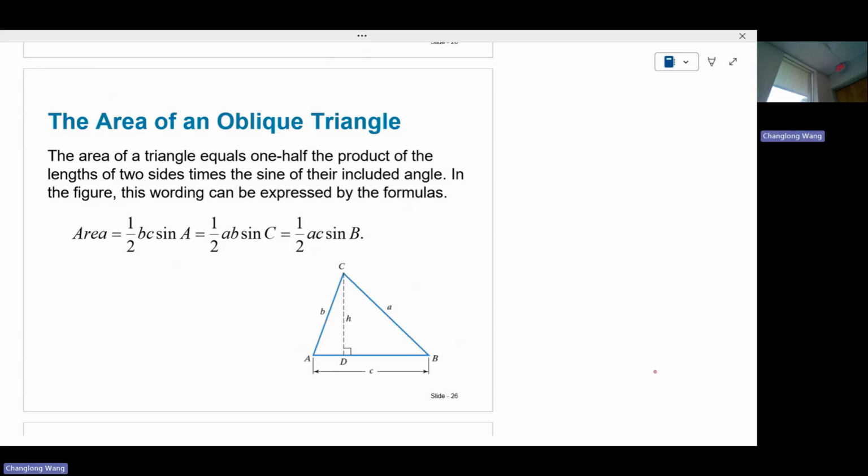But how would you find the height if you're given little a and the angle B? So my question to you is, if I tell you what the little a is, let's say 10, and angle B is say 50 degrees, how would you find the h?